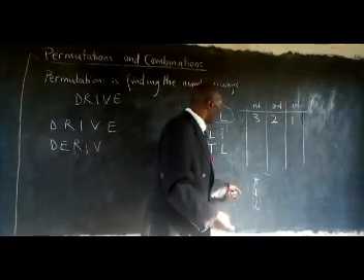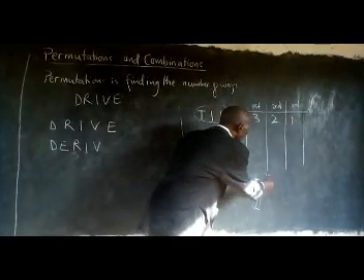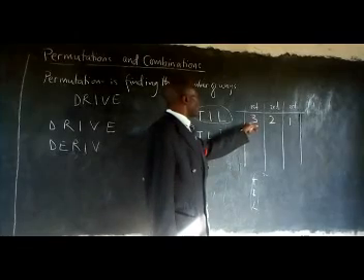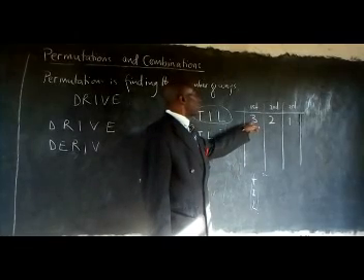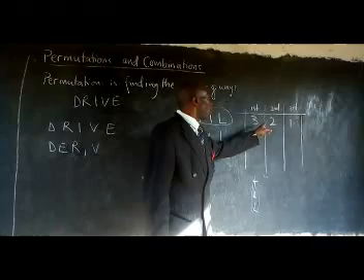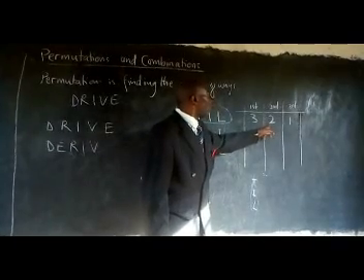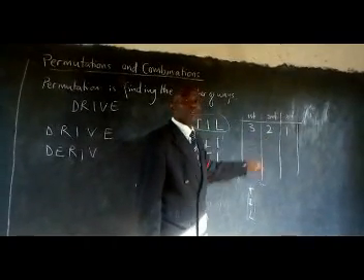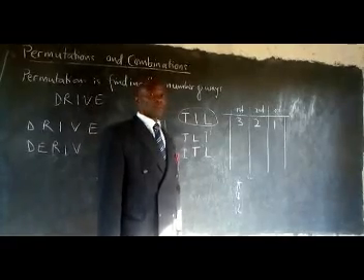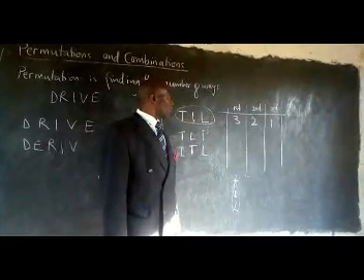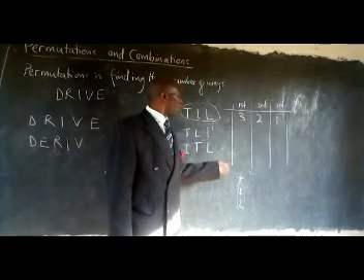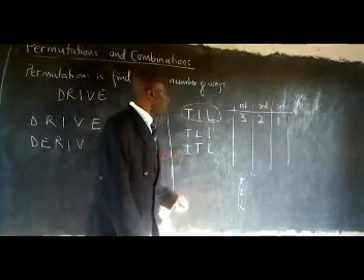And if there are 2, remember each of these ones require. So 3 possibilities, and on each of the 3, there are 2 for the second. Now, on each of the 3 possibilities, there are 2.